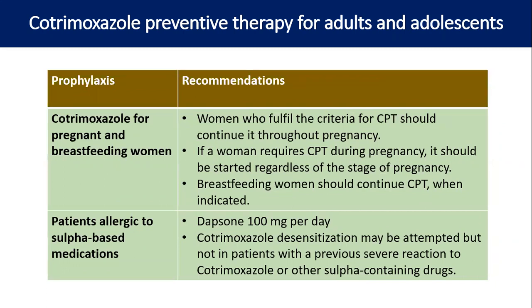Cotrimoxazole for pregnant and breastfeeding women: there is no contraindication of cotrimoxazole in pregnancy or during lactation. Anybody who is qualifying for CPT should get the CPT, that is cotrimoxazole prophylaxis treatment. Now, for a patient allergic to sulfur-based medication, we can go for dapsone 100 milligram per day. Cotrimoxazole desensitization can be tried only in grade 1 and grade 2 toxicities, but not in grade 3 and 4.